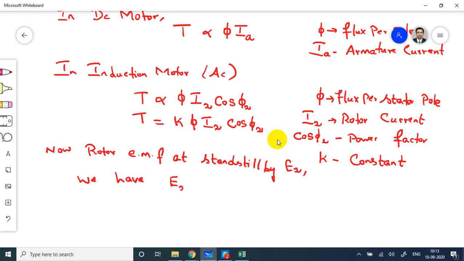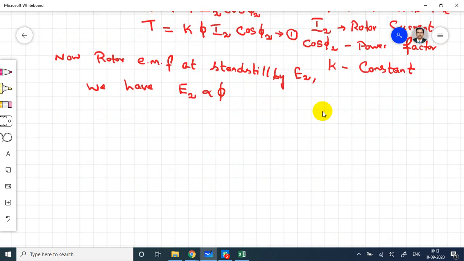E2 is the rotor EMF, and E2 is directly proportional to phi. Now this equation, T equals K phi I2 cos phi 2, you mark it as equation number 1.